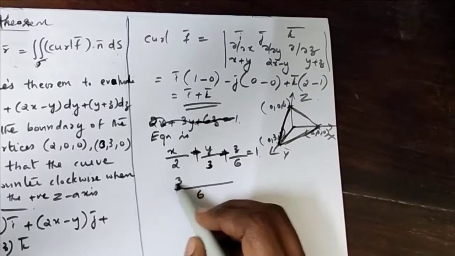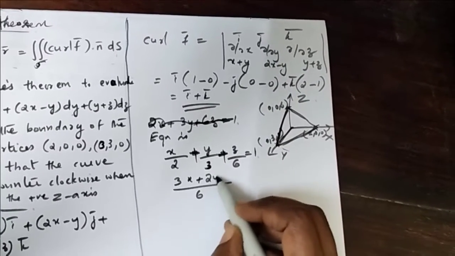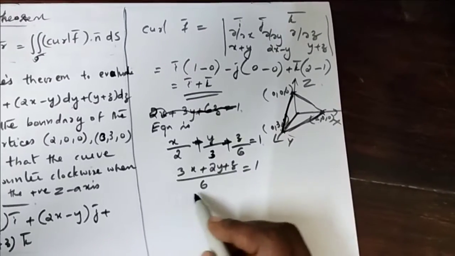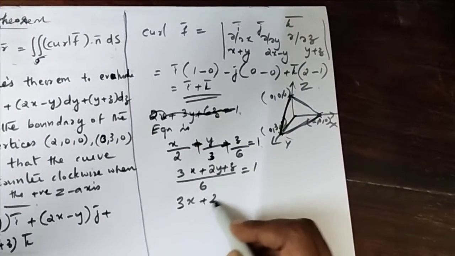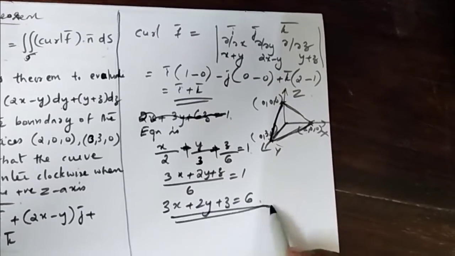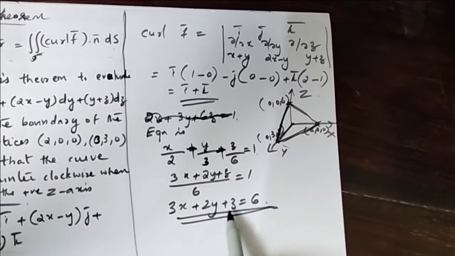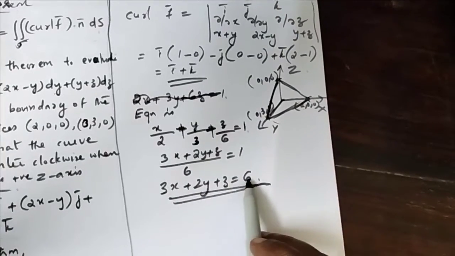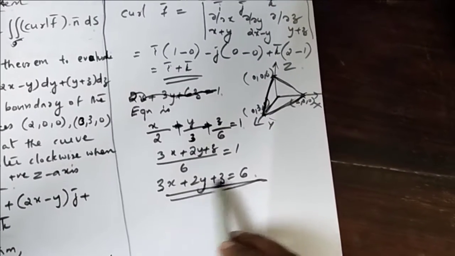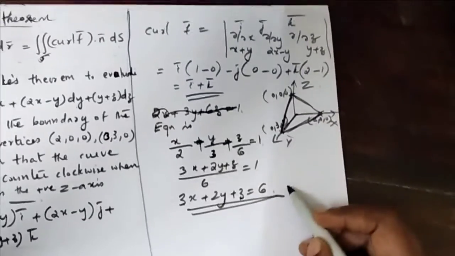So this is 3x plus 2y plus z is equal to 6. So this is the equation of the plane. If y and z are 0, x is equal to 2. If x and z are 0, y is equal to 3. If x and y are 0, z is 6. Okay, so this is the equation.